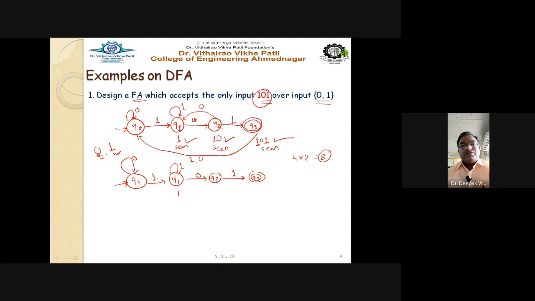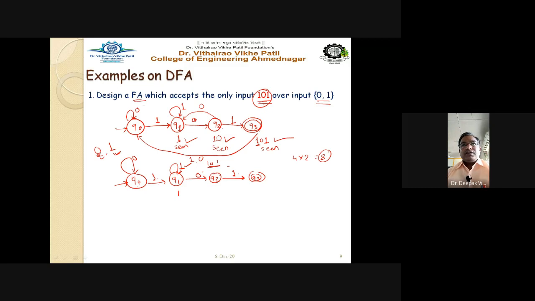See here, if I mark it here, I'll get 101, this 0 and 1. So the string which I require will not be disturbed. That's why Q1 on 1 as a self loop is okay. There is no problem marking a self loop for input 1. So both inputs are done for Q1.